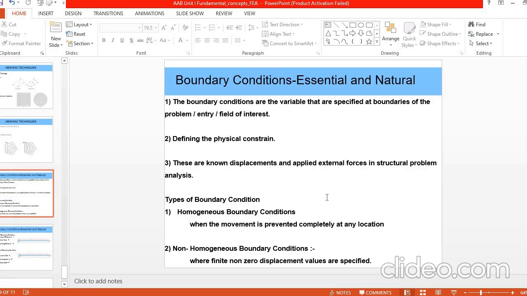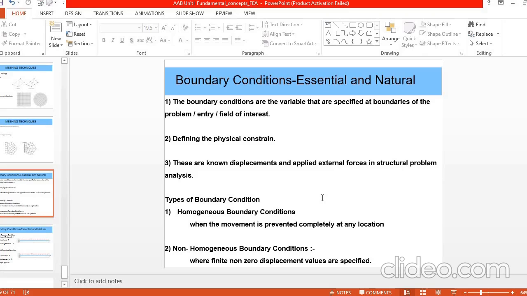Next is boundary conditions. In FEA there are two types, essential and natural. The boundary conditions are the variables that are specified at the boundaries of the problem, entity or field of interest. These are known displacements and applied external forces in structural problem analysis. Here there are two types of boundary conditions.